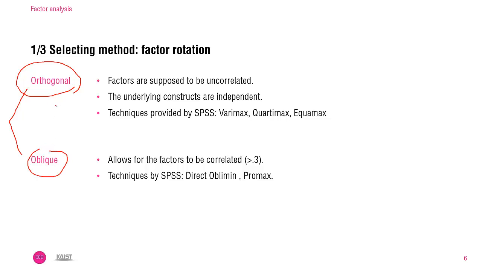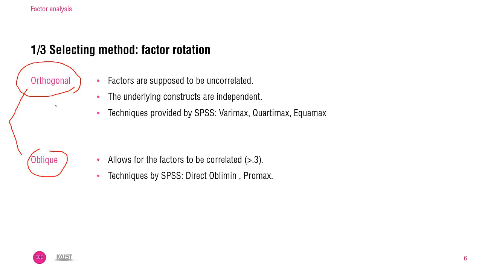In order to say the factors or the dimensions are independent from each other, or if you want to draw a two-dimensional coordination or a three-dimensional space, then you suppose that the dimensions are independent or perpendicular to each other, right?